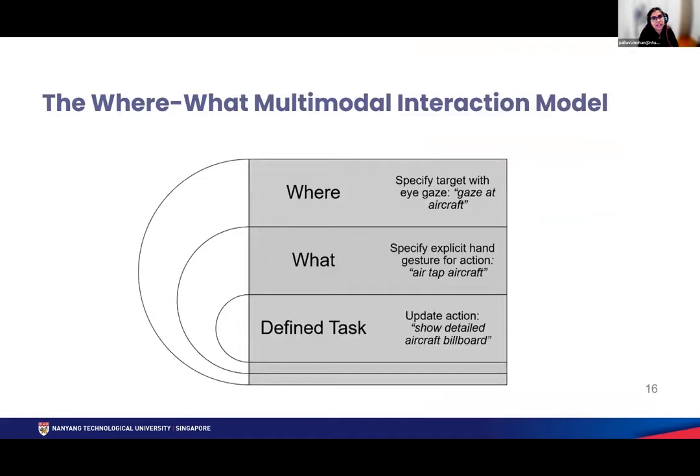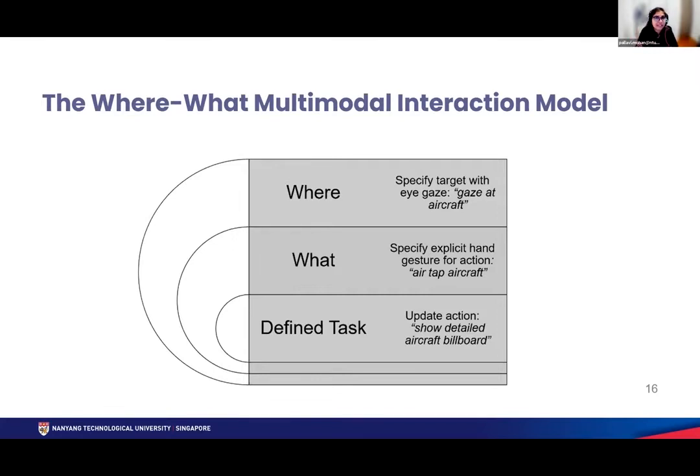So in this paper, we also introduce a multimodal interaction model that fuses eye gaze and hand gesture in a very natural model, a model that almost resembles physical human interaction, if I may say so. It's called the where-what model. The user's eye gaze specifies the where. For example, the user looks at a particular aircraft, and the hand gesture specifies the what.